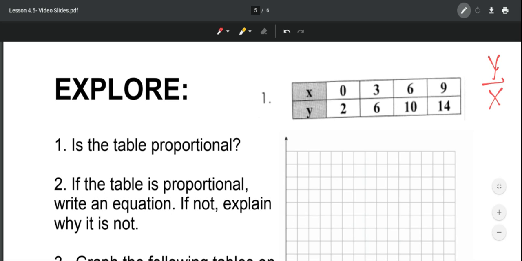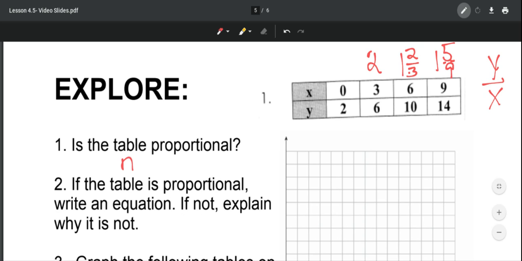6 divided by 3 is 2. 10 divided by 6 gives us 1 and 2/3. 14 divided by 9 gives us 1 and 5/9.